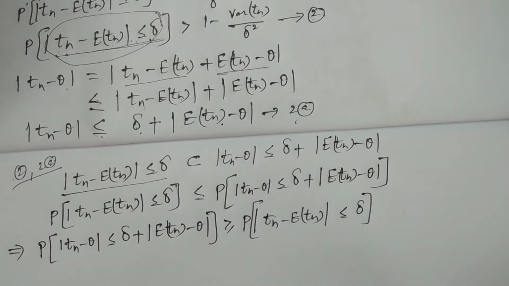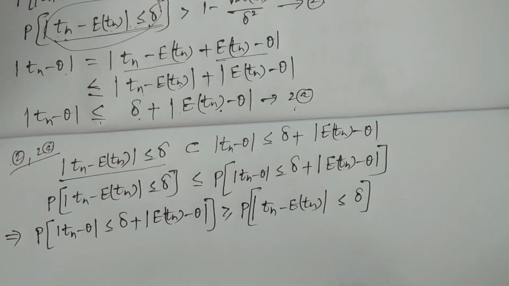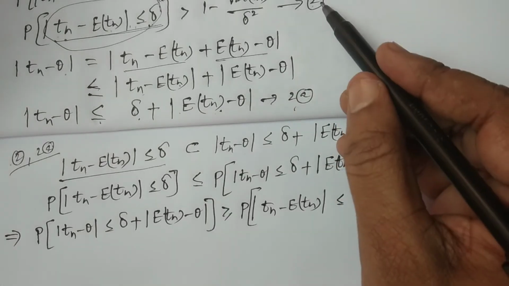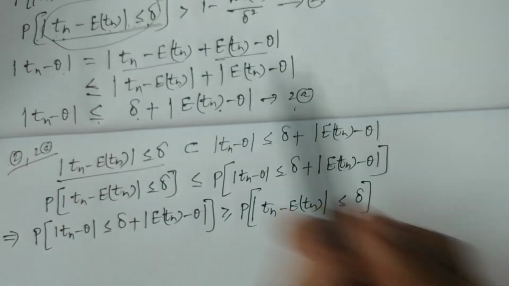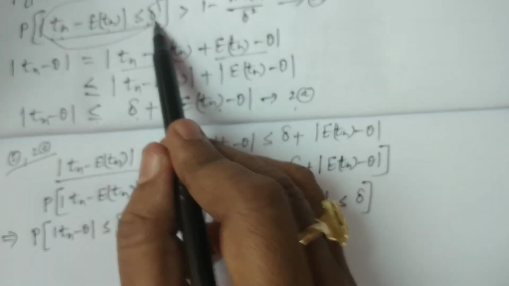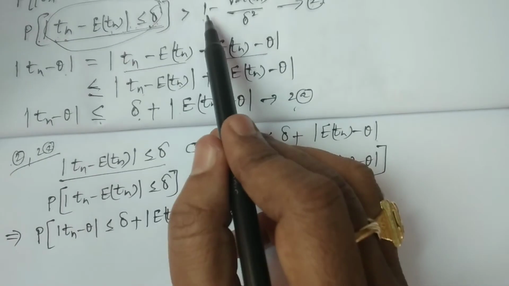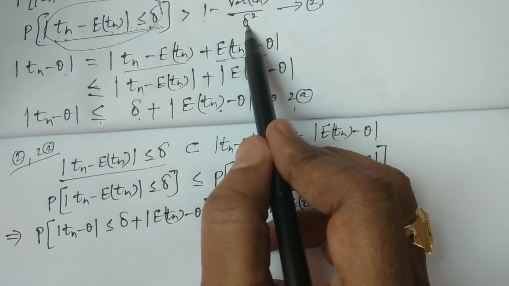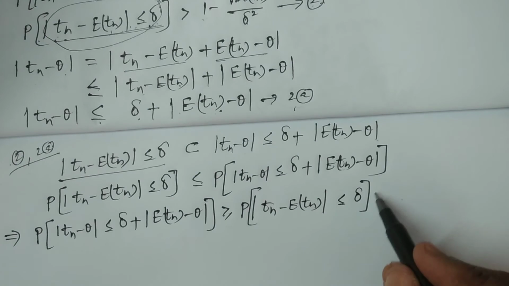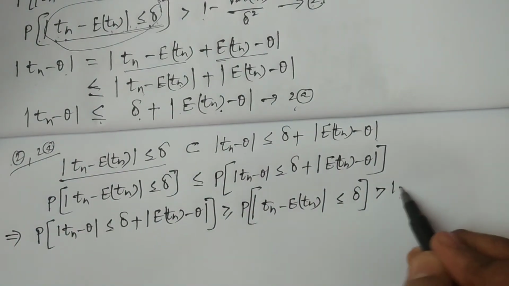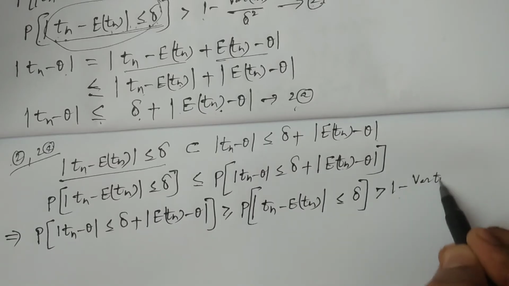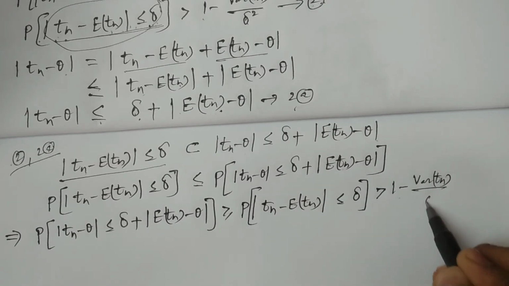This is what I have considered. Now if you compare this with equation 2, the probability of |Tn − E(Tn)| ≤ delta is always greater than 1 − Var(Tn)/delta². This is equation 2. So this is greater than 1 − Var(Tn)/delta².